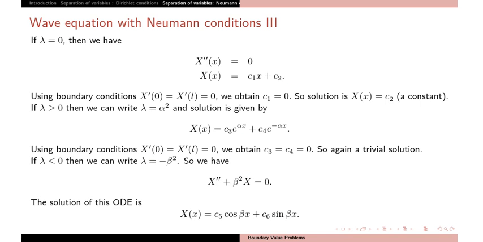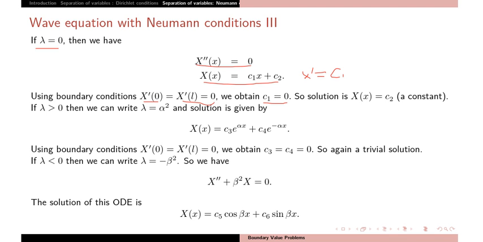So again I discuss three possibilities. If lambda is 0, then you have this equation. So the solution is this. Also differentiate it, so X dash will be c1. So X dash 0 or X dash L equal to 0 will give you c1 equal to 0.